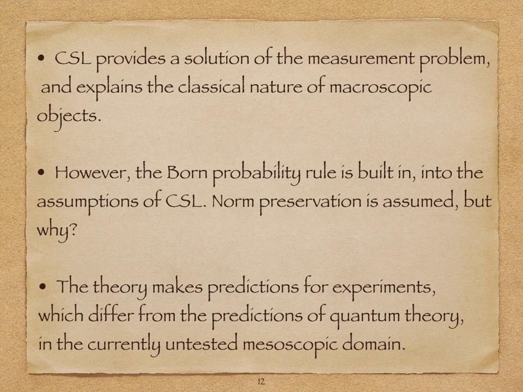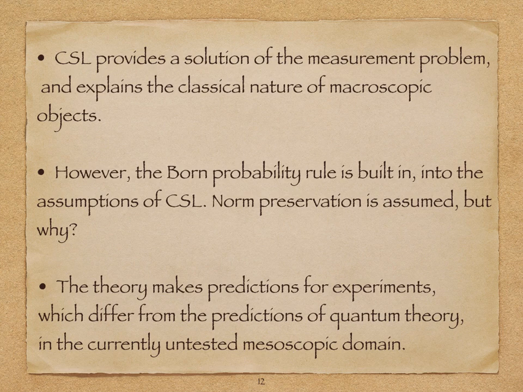The Born probability rule is not really proved in CSL. It's essentially built into the assumptions of CSL. Namely, we assume that even after adding non-unitarity and non-linearity and stochasticity, norm must be preserved. Why do we want norm to be preserved? Because we want the Born probability rule to come out. If norm is not preserved during this non-linear evolution, we won't get the Born rule. So in the Schrodinger equation, you can prove norm preservation, but it's not automatic in a non-linear theory.